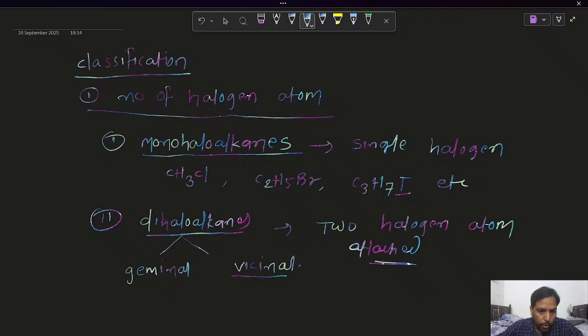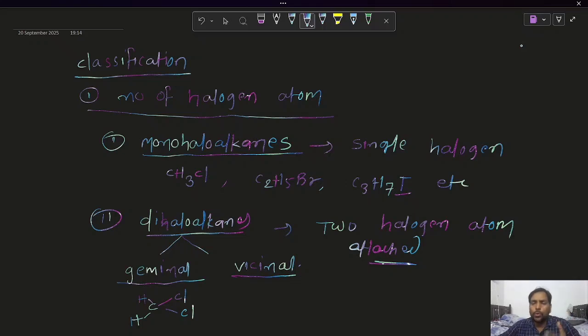Look, in case of geminal, two halogen atoms are attached at the single carbon atom, like carbon, H and H, chlorine and chlorine, right? Now, in case of vicinal, what happens?